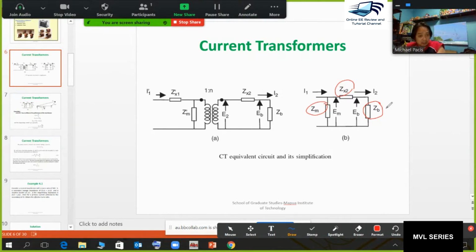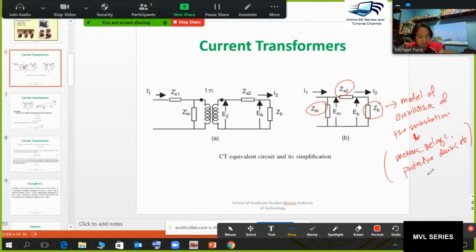Please take note of this burden. What is this burden? This is the actual model of the auxiliaries of the substations. What are these auxiliaries? They are your meters, the values of meters, your relays, for example, protective devices, etc.